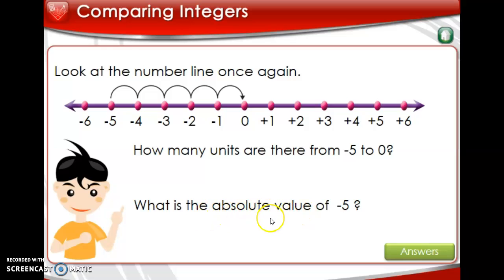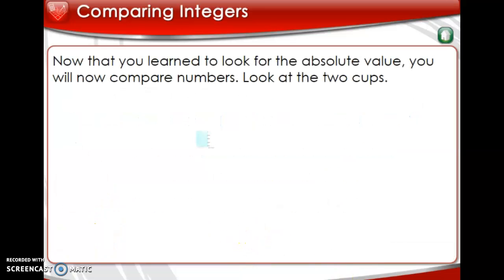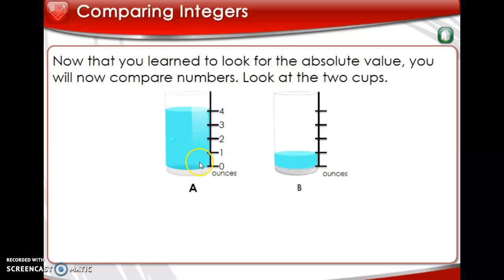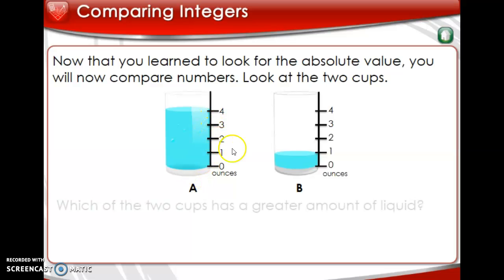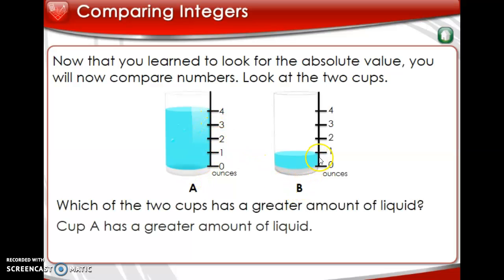What is the absolute value of negative 5? The answer is 5. Easy. Now that you learn to look for the absolute value, you will now compare numbers. Look at the 2 cups. In the A, we have 4 ounces. In the B, we have 1 ounce.